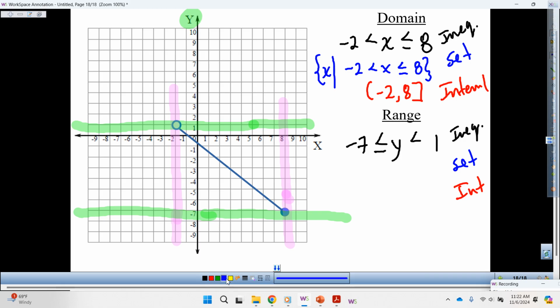All right, check with the neighbors, see what they got for set notation and interval notation. Then we're going to have Gio enlighten us with those. Set notation, interval notation of those.